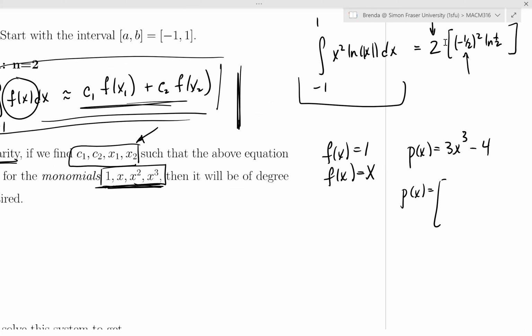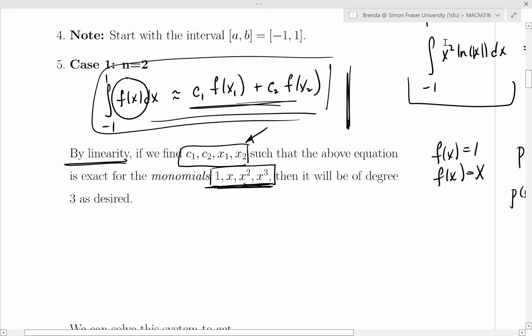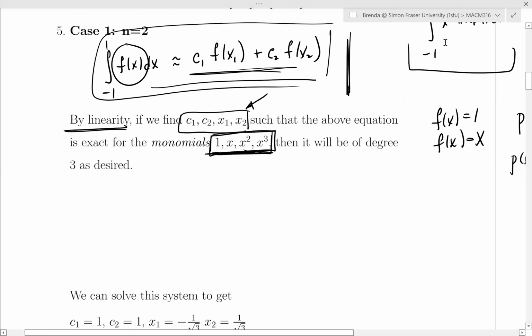It's a vector, 3, 0, 0, minus 4. Right? 3 times x cubed plus no times x squared plus no times x minus 4. We recall that these are basis vectors for the vector space of polynomials. Okay. Let's leave that perhaps and go here and we'll come back to it.